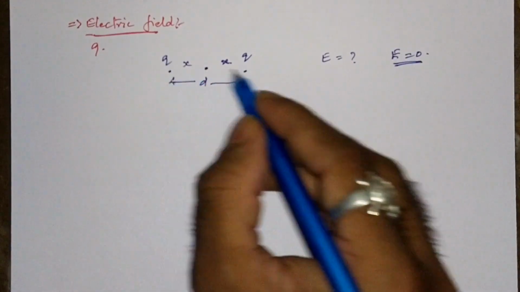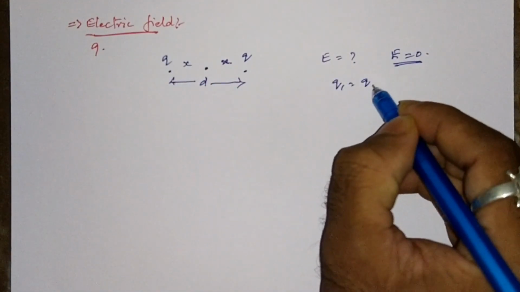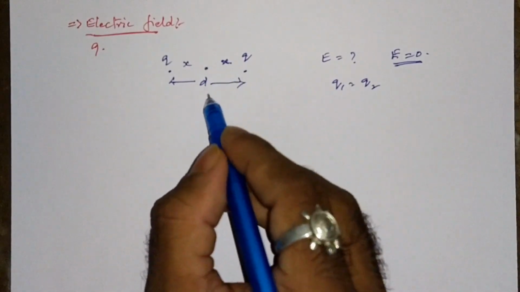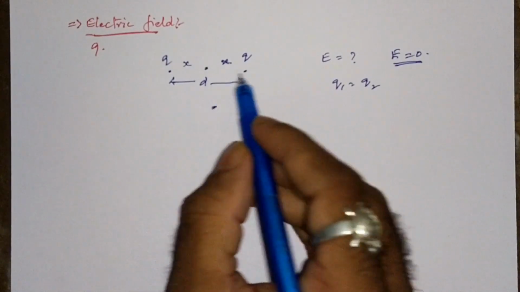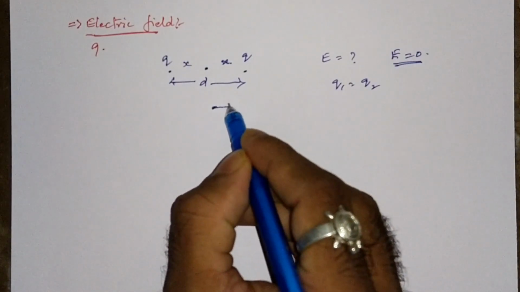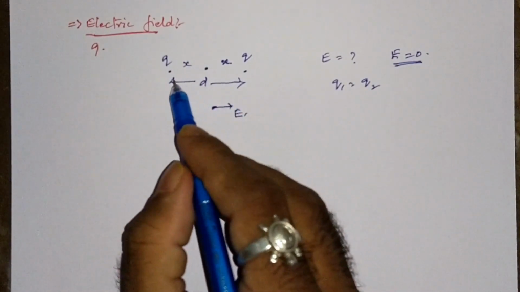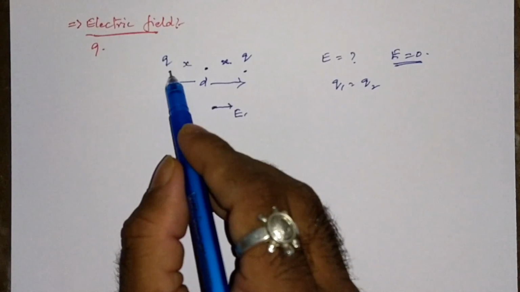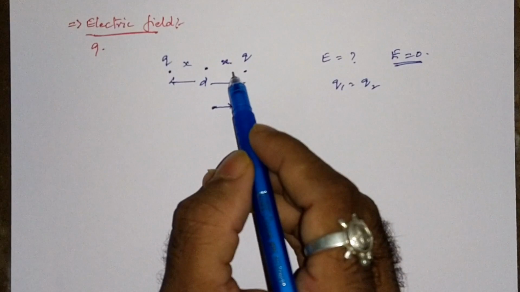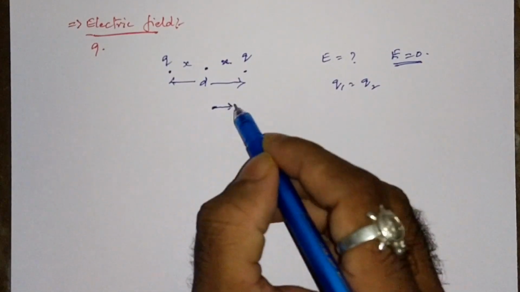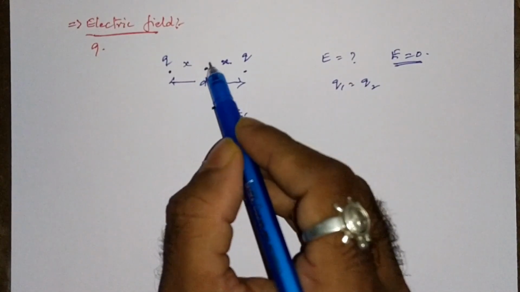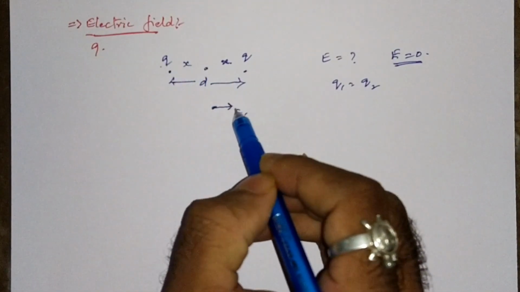Here, first thing is q1 is equal to q2, right? So at the midpoint, let us take that point here. The intensity of electric field due to this one will be E1, because the direction of E is away from the positive charge and towards the negative charge. Or else imagine a positive test charge here: positive and positive repel each other, so the force will be in this direction.